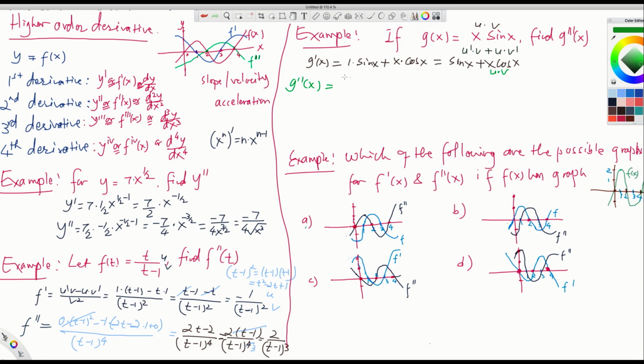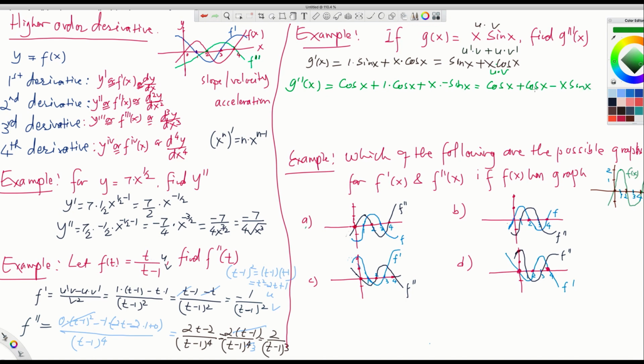So the derivative of sine x is cosine of x plus, here you use the product rule: u prime is 1 times cosine of x plus u, which is x, times v prime, which is negative sine x. If you write it in simplified form, you get cosine of x plus cosine of x minus x sine x, right? That's what you get.